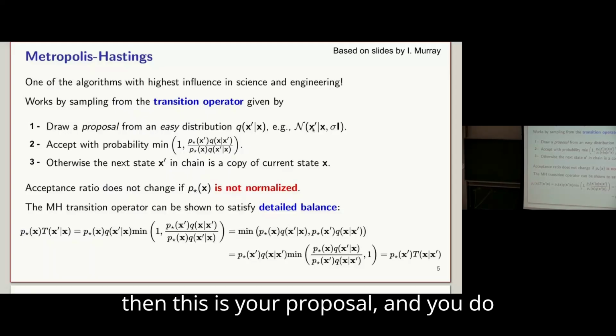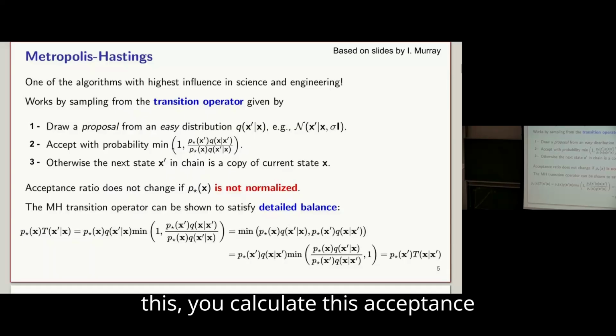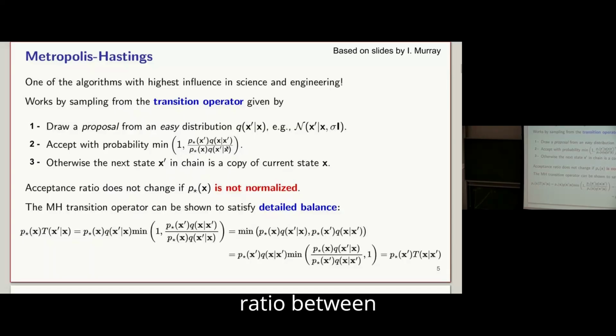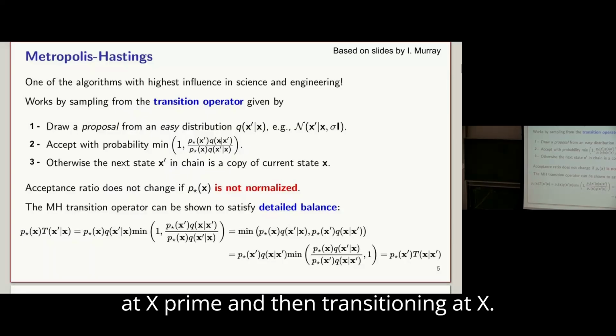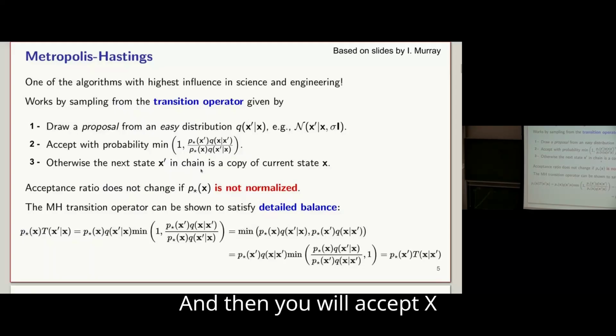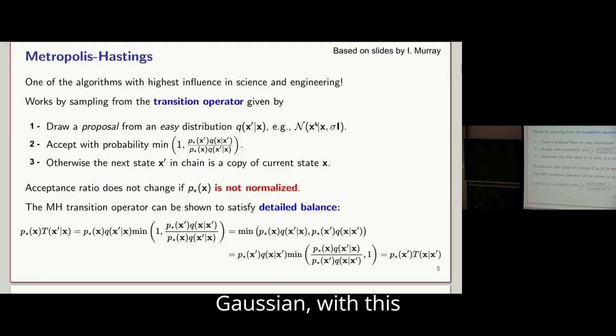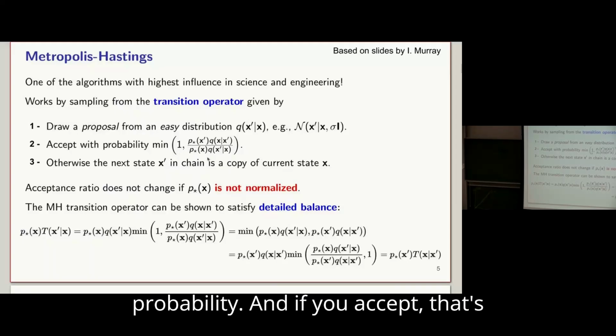And then this is your proposal, and you calculate this acceptance probability as the minimum of 1 and this ratio between being at x and transitioning to x prime, and being at x prime and then transitioning to x. And then you will accept x prime, the new proposal sampled from this Gaussian, with this probability.